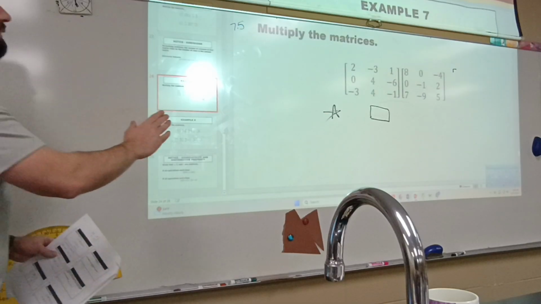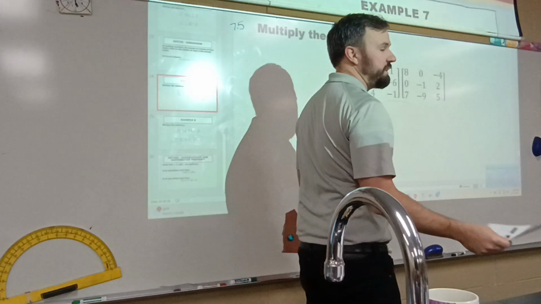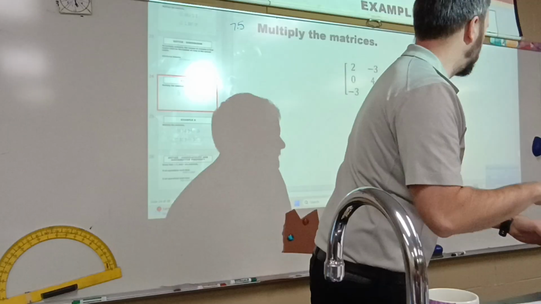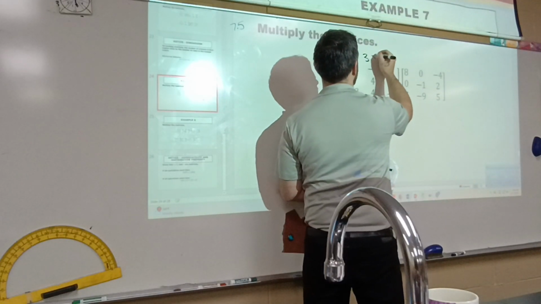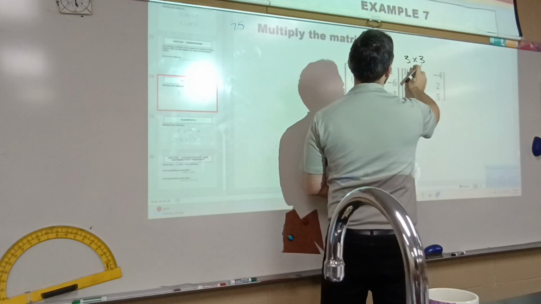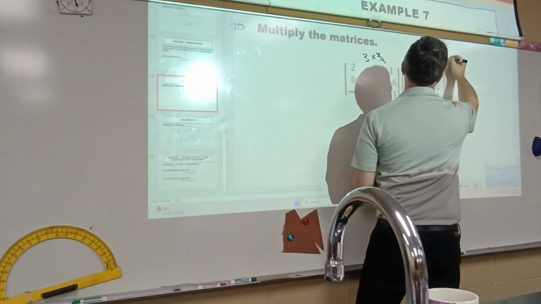Can we multiply these? What's going to be the size of the resulting matrix? It's a 3 by 3 times a 3 by 3. So the resulting one will be a 3 by 3.